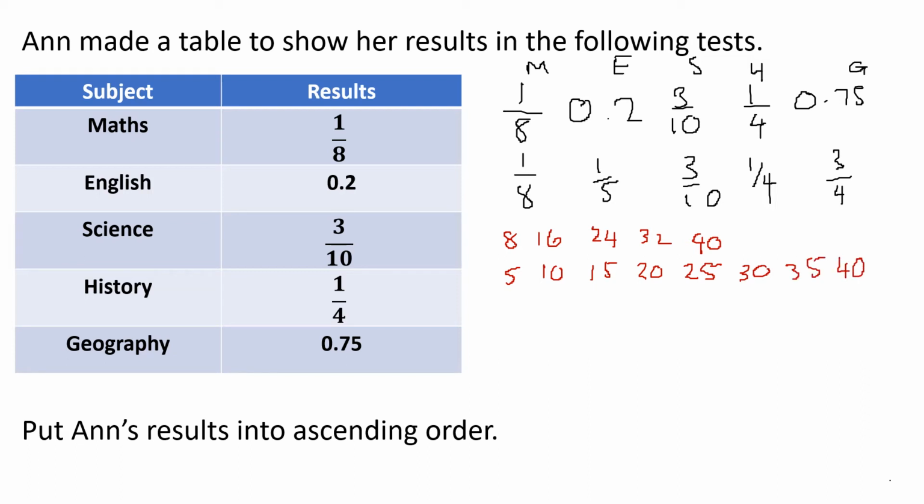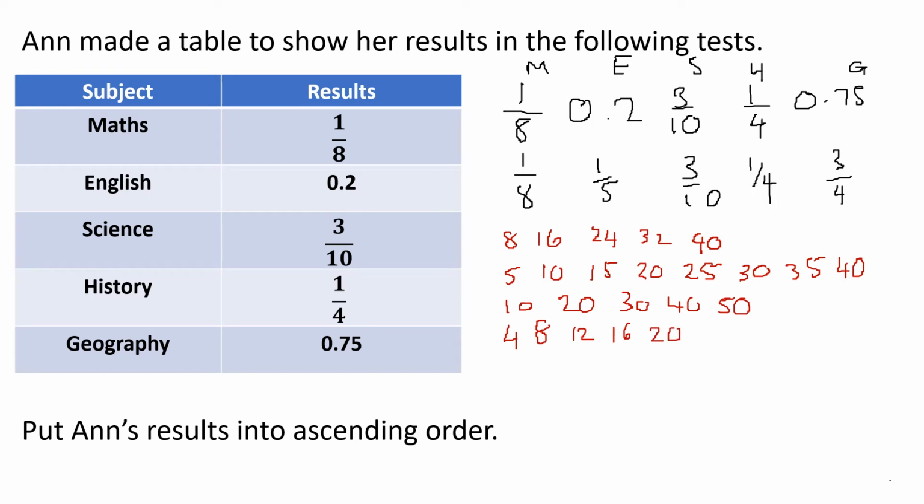Next we've got our 10 times tables, so 10, 20, 30, 40, 50. And then we've got our 4 times table, so 4, 8, 12, 16, 20.